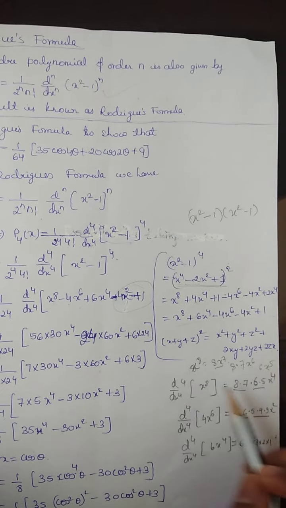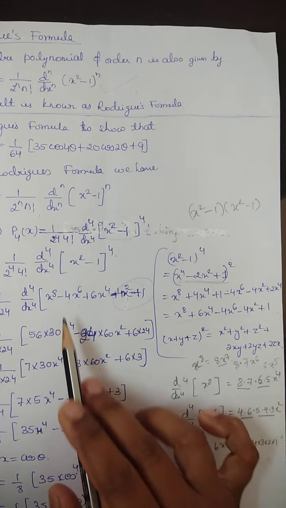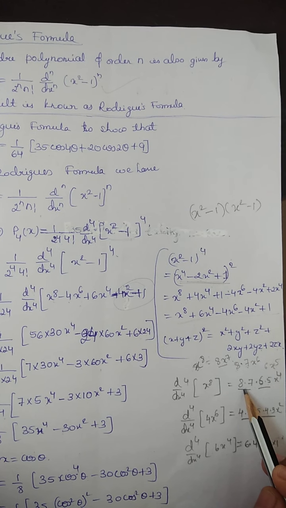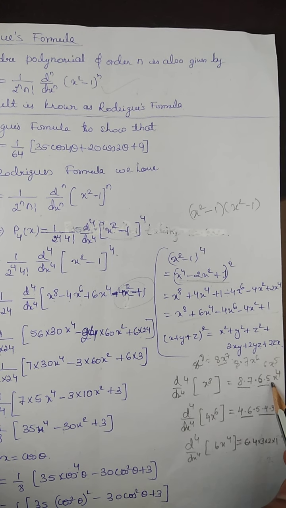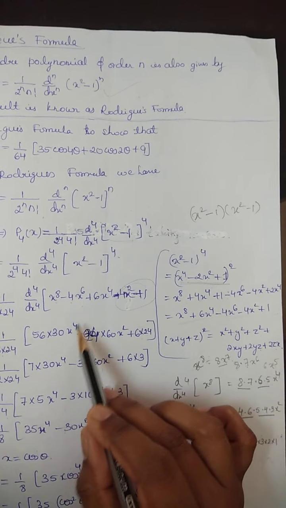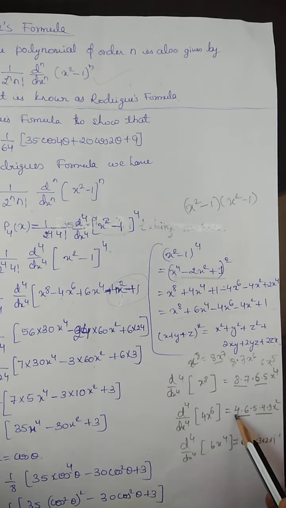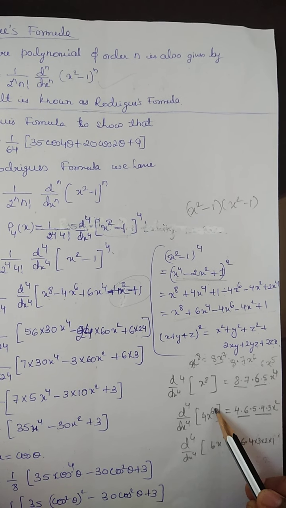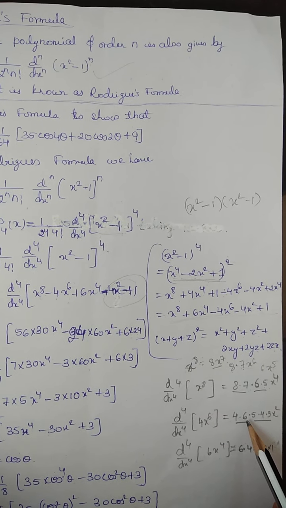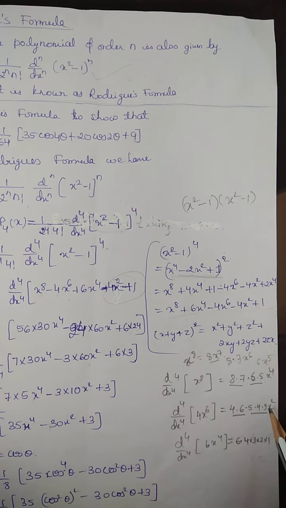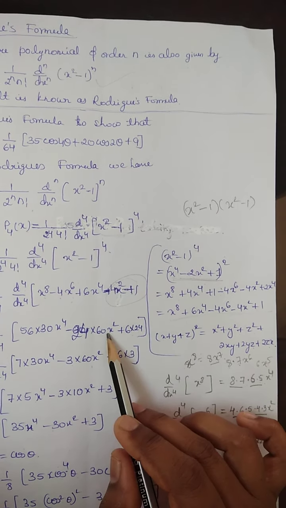Now we have to substitute this in place of x raised to 8. Multiply the numbers: 8 sevens are 56, 6 into 5 is 30, x raised to 4. Now for 4x raised to 6 differentiation, 4 keep as it is, and x raised to 6 differentiation, you can write down the pattern 6, 5, 4, 3, x square. Multiply all this and write down here.